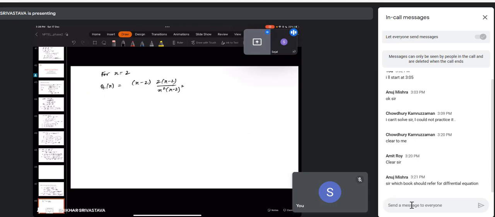Now this x minus 2 cancels out, so it will be 2 upon x square. When you put x equal to 2, you get a value which is not infinite, maybe 1 by 2. Similarly, you can also calculate q2x and you will find that it is also not infinite. So x equal to 2 is then called the regular singular point.